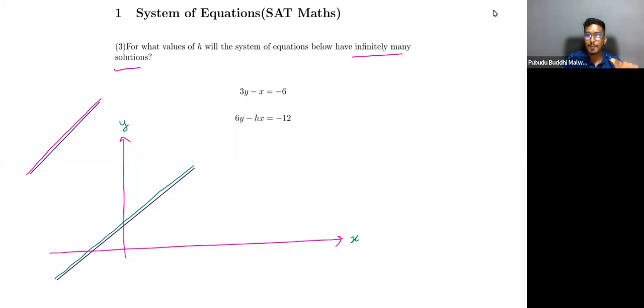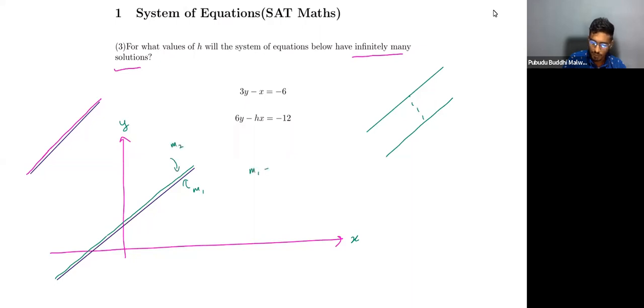For that, what should happen? We need the same slope, definitely, but that's not enough, because with the same slope, you will get something like this. Then there will be a gap, and in that case, no solutions. But in this case, the slope of the first line and the slope of the second line should be equal.